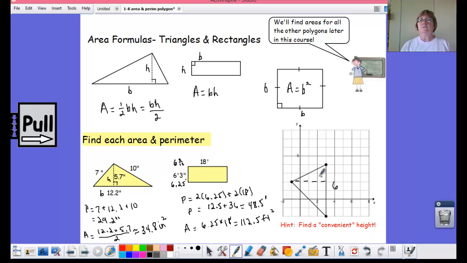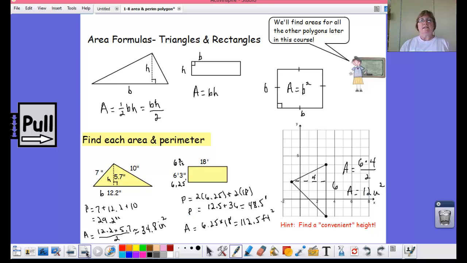So that height is 1, 2, 3, 4 units long, just by counting the squares. To find the area for this, we multiply. It is a triangle, so we're going to take base 6 times height 4 and divide by 2, and that area will be 24 divided by 2, or 12 squared units.